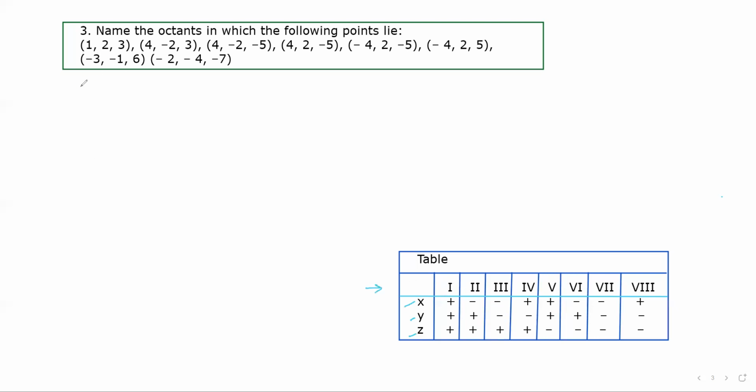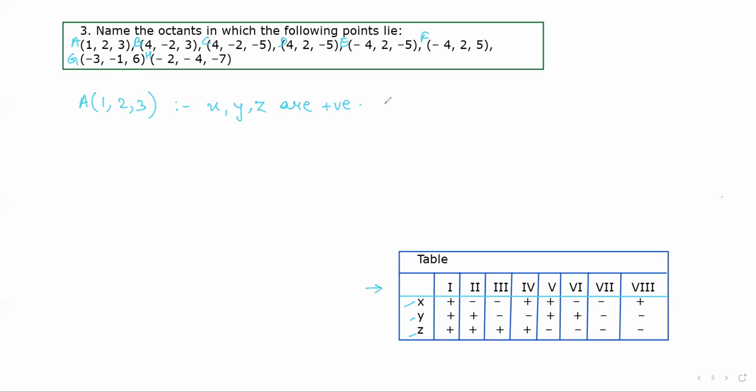So based on the points, let's call these points A, B, C, D, E, F, G, H. Your A point is 1, 2, and 3. All X, Y, and Z are positive.